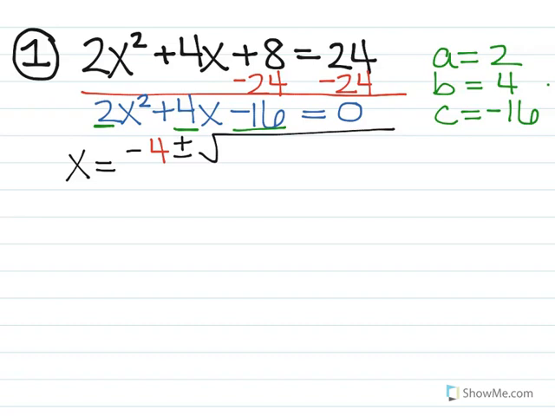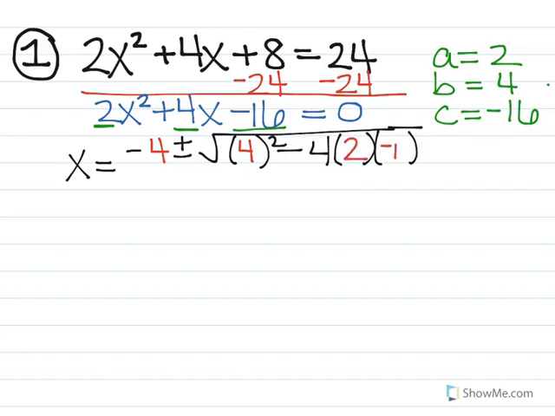And inside we have, in parentheses, our b value, which is 4, that needs to be squared, minus 4 times our a value and c value. So our a value, we said, was 2.